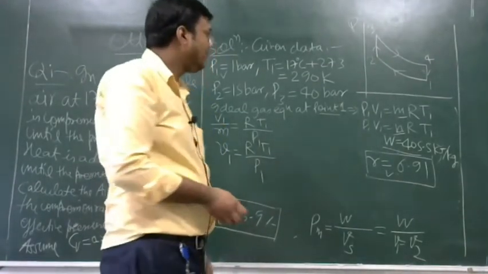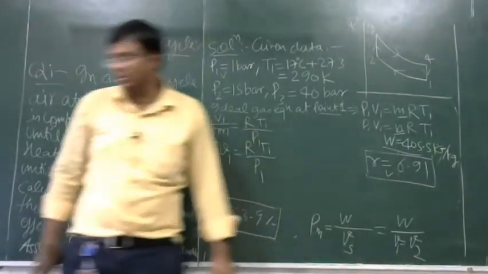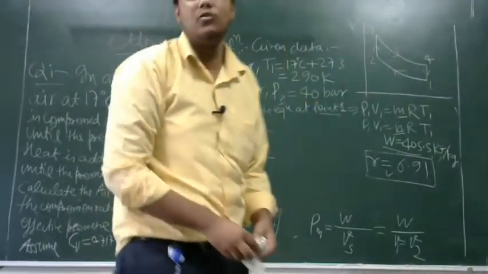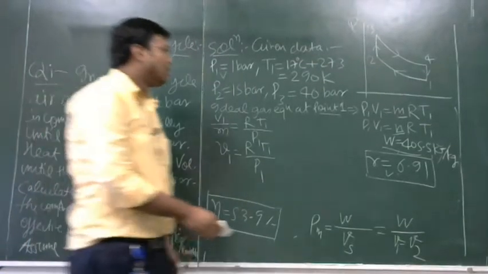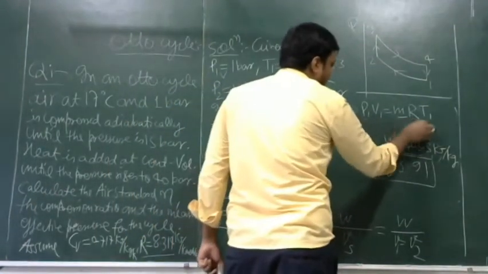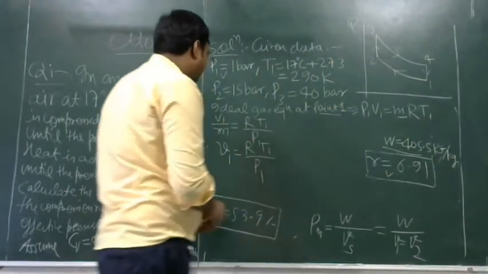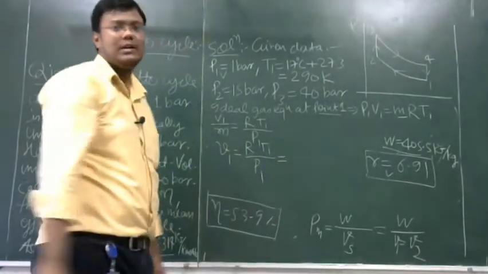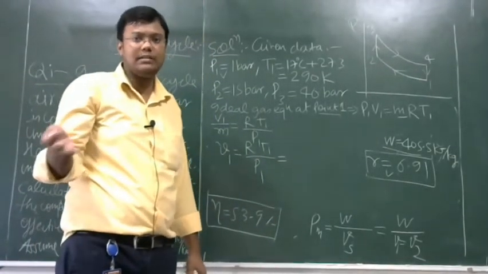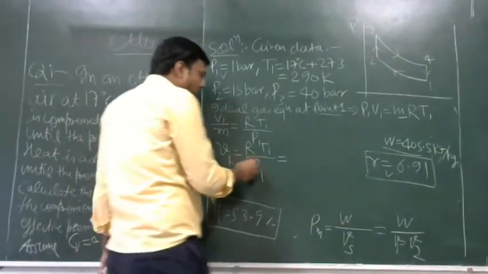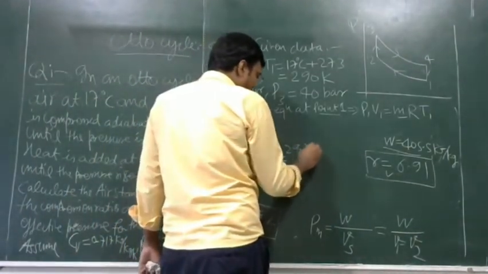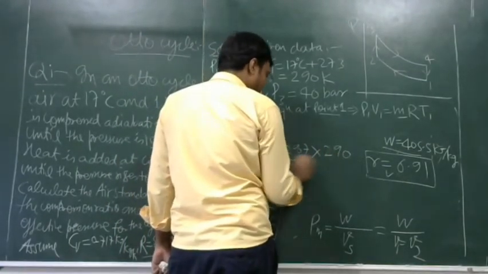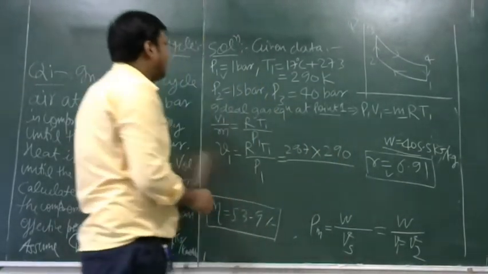For air we know the value. It is not given here, but as I said, we should know the values of gamma, Cp, and R for air. For air, the value of R is 0.287 kJ per kg K, that is 287 in joules. So we write 287 times T1, which is 219 from the question, divided by P1, which is 1 bar.